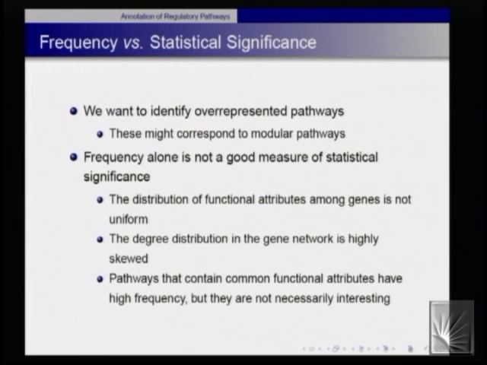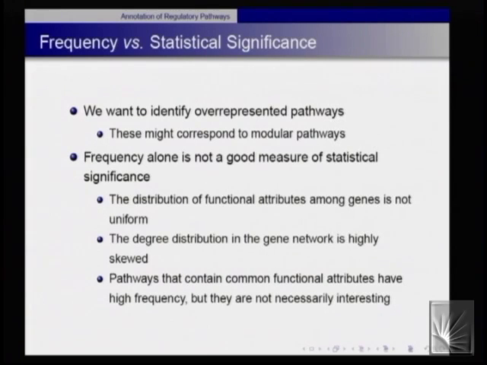For this purpose, of course, we want to look at frequency, but frequency is not a good statistical measure because first, the distribution of genes across processes is not uniform. So more popular processes will show up again and again as frequent processes. Second, the degree distribution of the network is not uniform either.